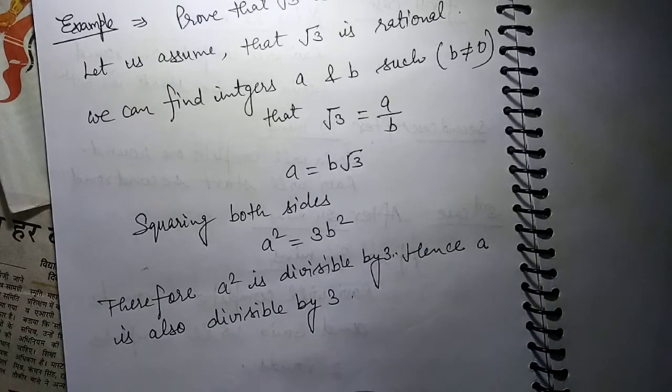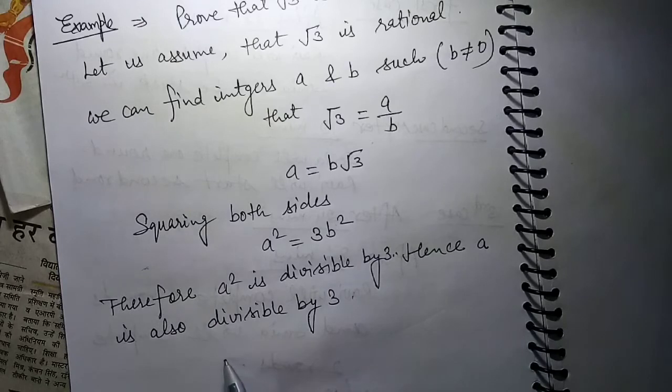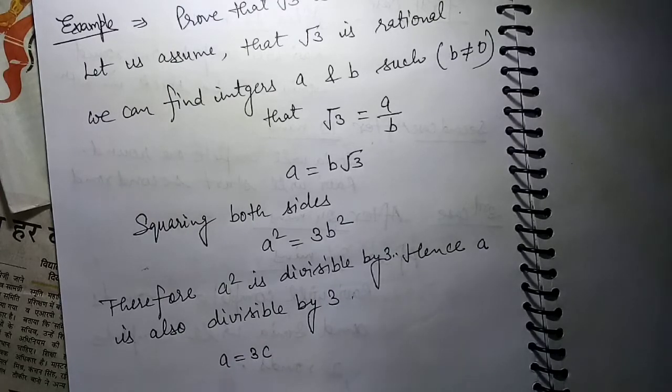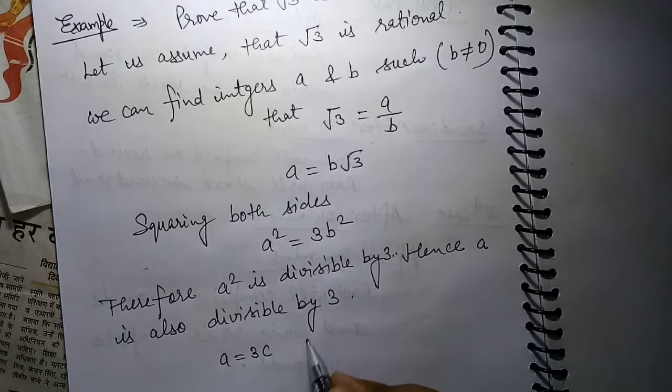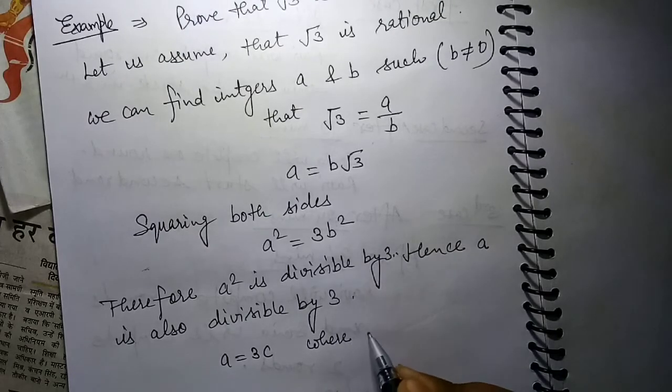So a is divisible by 3, which means a is a multiple of 3, so you can write a equals 3c, where c is some integer.